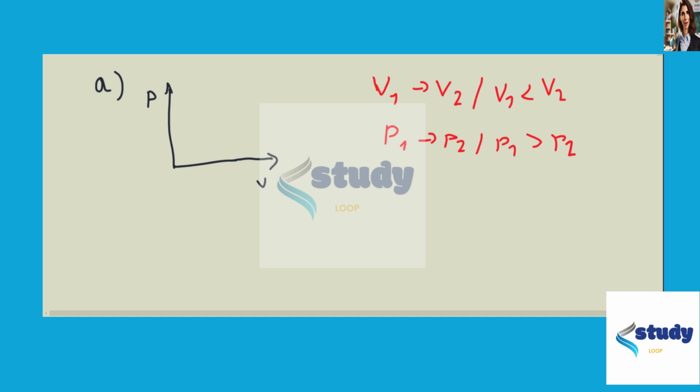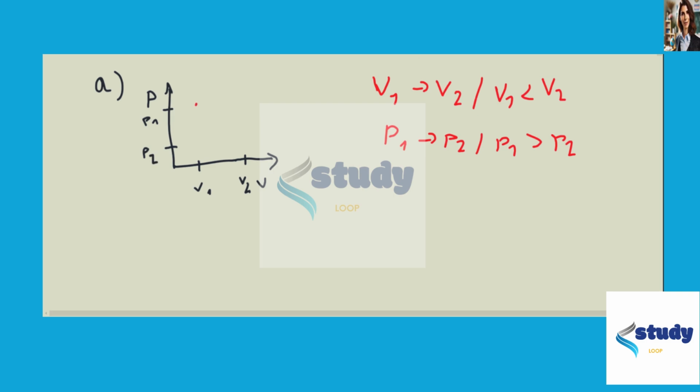And we can plot this on the pressure volume diagram like this. So we have this initial point, initial volume, and initial pressure, P1, and we have the final volume and the final pressure, and here are their points.